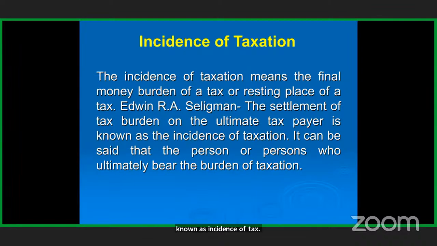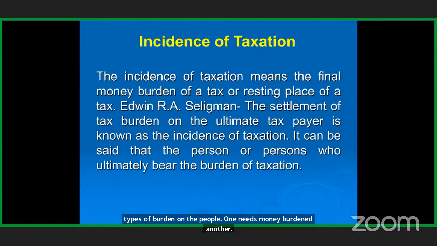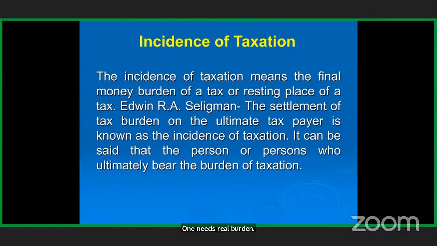According to Dalton, the imposition of a tax causes two types of burden on the people. One is money burden, another one is real burden. Money burden means the amount of tax which has to be paid by the taxpayer to the government.